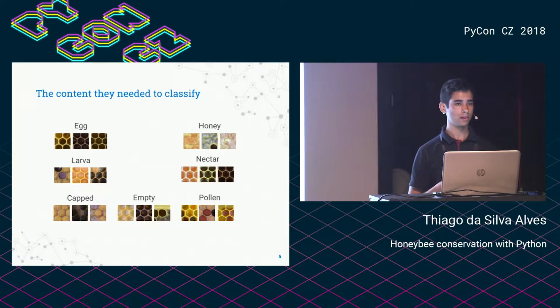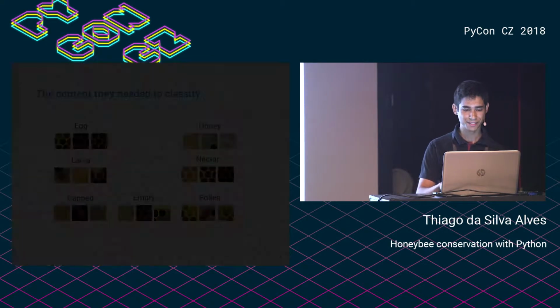For example, if the hives are good with a lot of food, they can see this by counting the content of the cells. And if they have a lot of food, it means that the hives are in good health. Because of this, they needed to do this during the year.